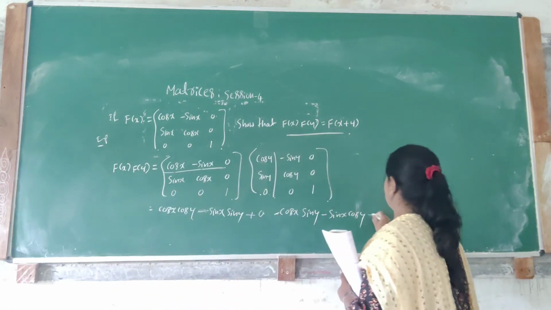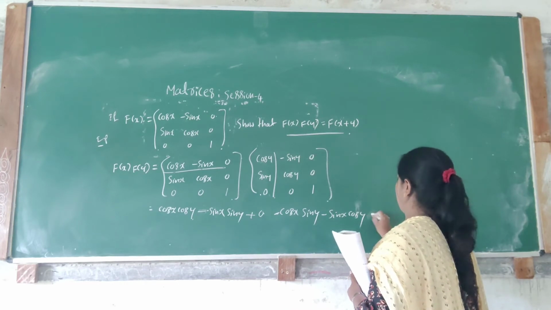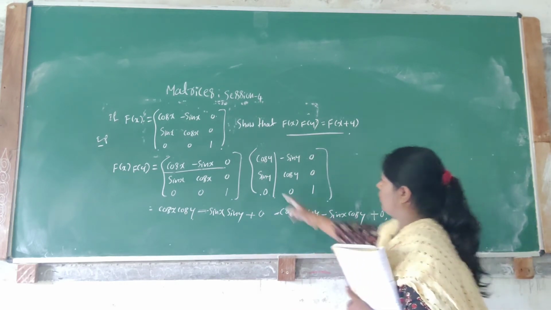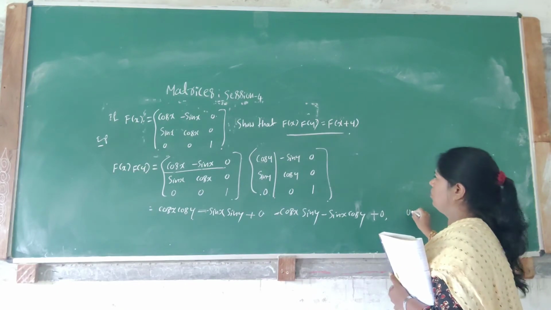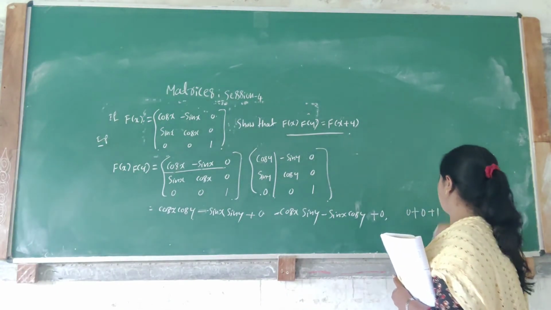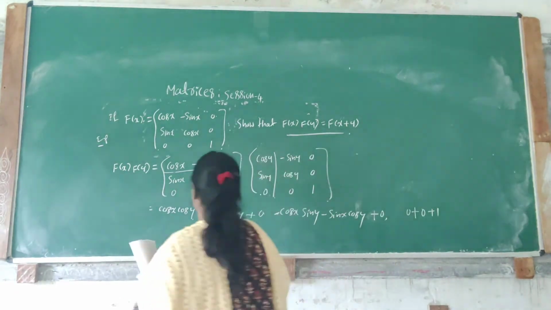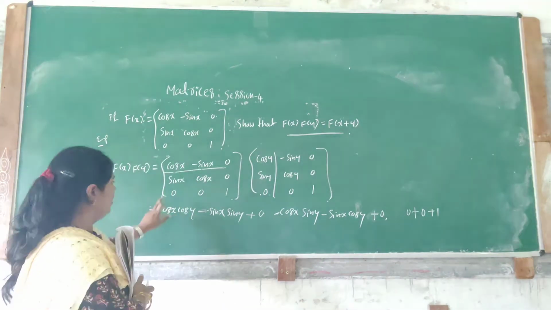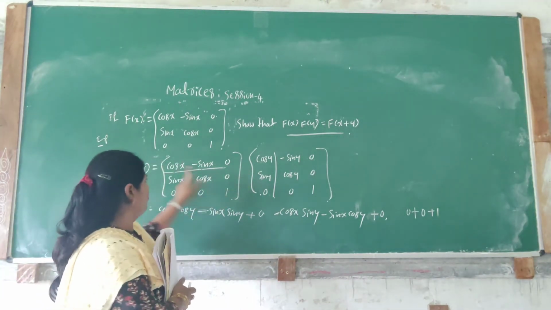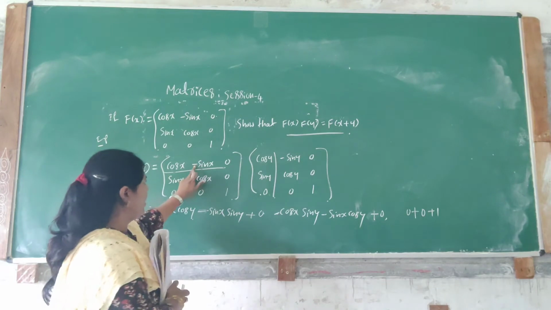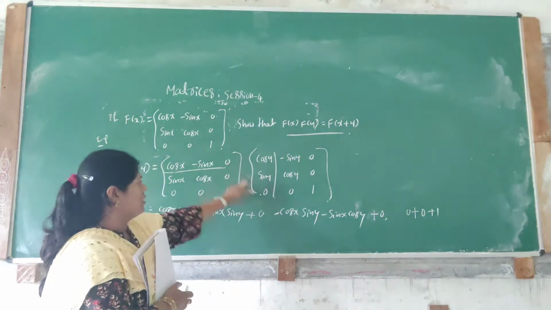Next, 0 plus 0 is 0, and the last 0 plus 0 is 0. So the zeros are 0, and the last is 1. So we have multiplied first row, first column: cos x cos y minus sin x sin y, 0.